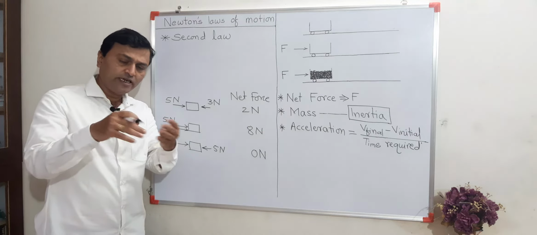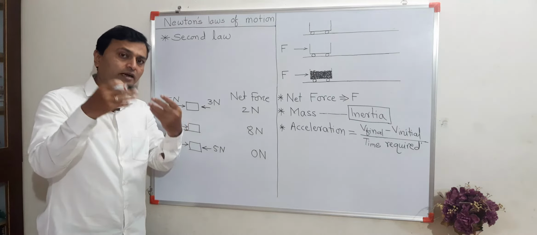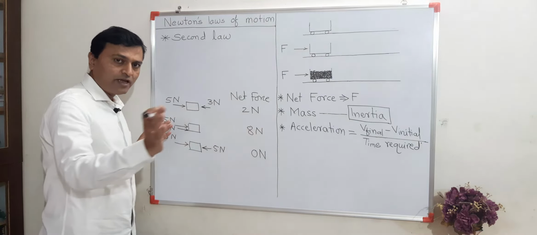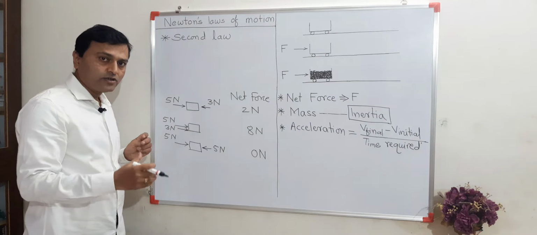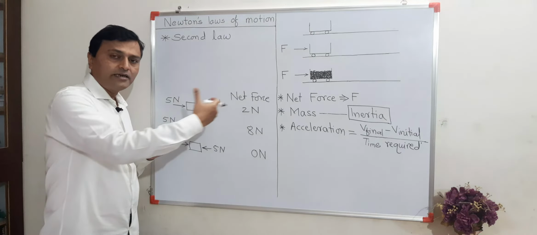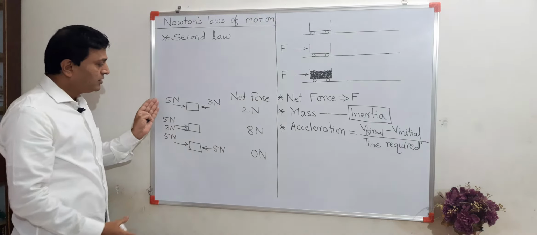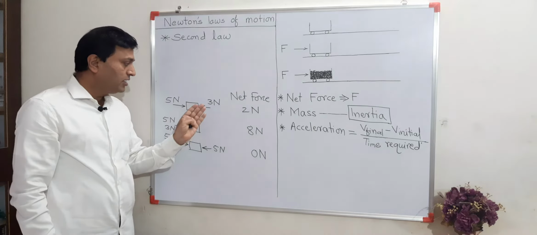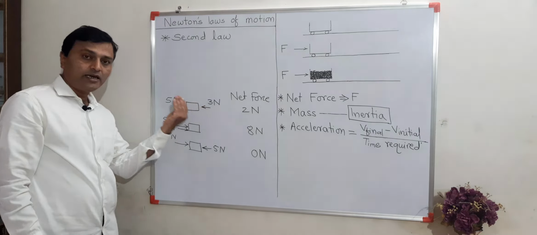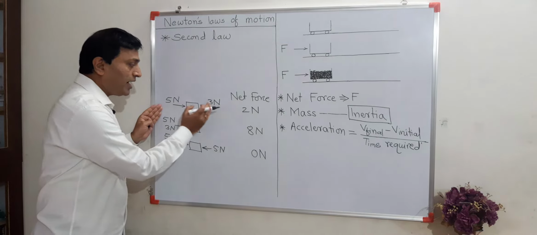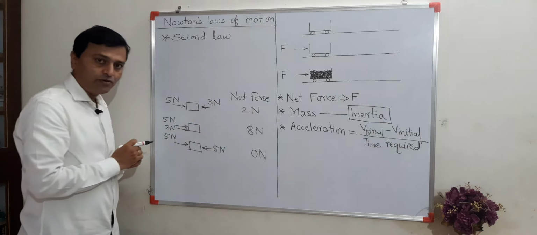You can take positive or negative, no problem, because you can choose the convention. I have taken the right direction as positive because we have studied in school days that right is positive, left is negative from geometry. Then 5 Newton is positive, and 3 Newton applied in the left direction is taken as negative. Means 5 minus 3 gives 2 Newton.